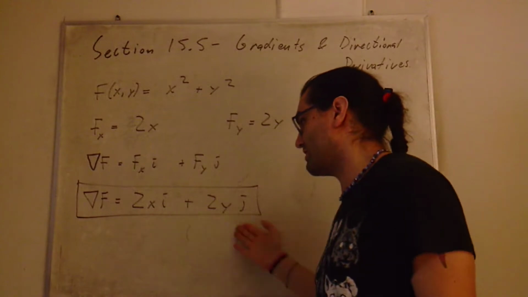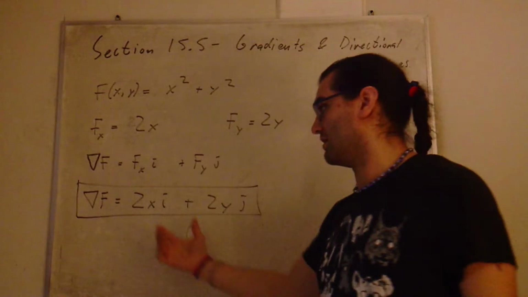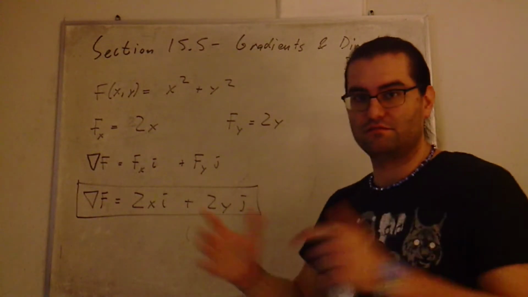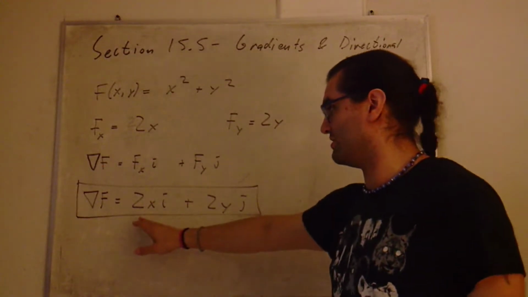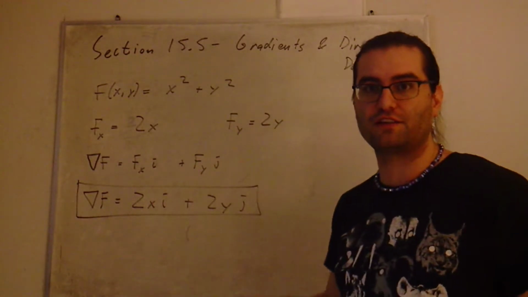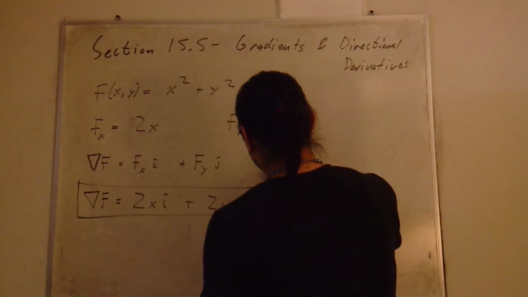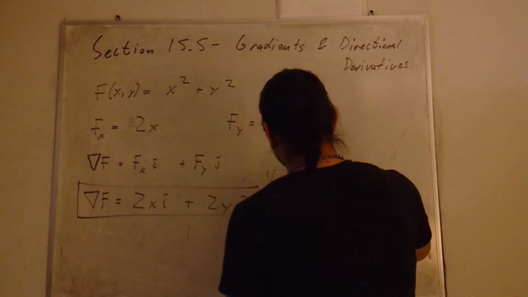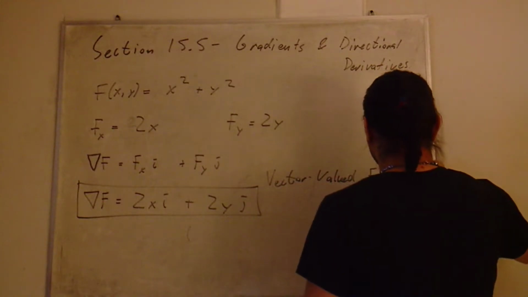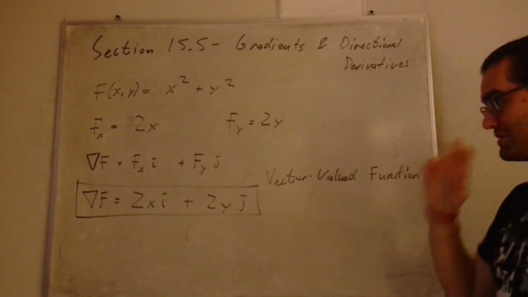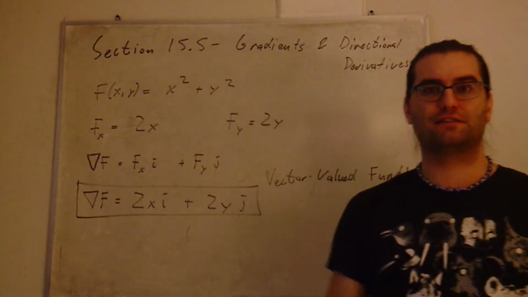Or alternatively, you can think of this as a vector that has variable quantities in it. It's not a constant length, width. It's just variables. So the size and direction of this vector are going to change. This is called a vector valued function, which is a super fancy way of saying that it's a function. You plug x and y into it, and the output is a vector.